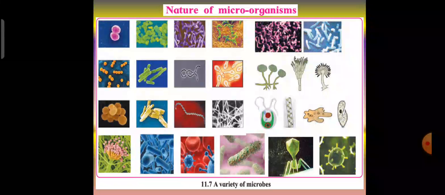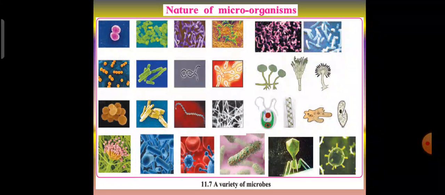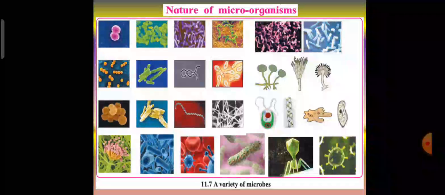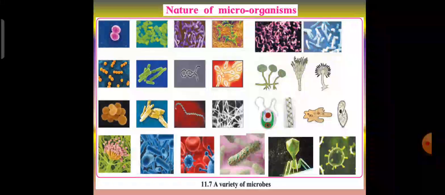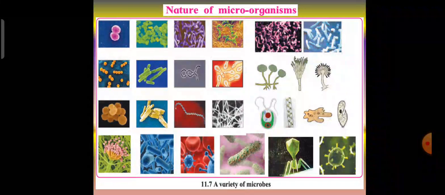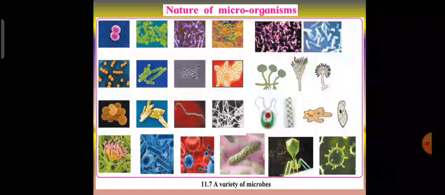So you can see them in different shapes also. And microorganisms are present everywhere. They are present in air, water, soil, food, sewage, garbage, and also in the bodies of plants, animals, and humans.